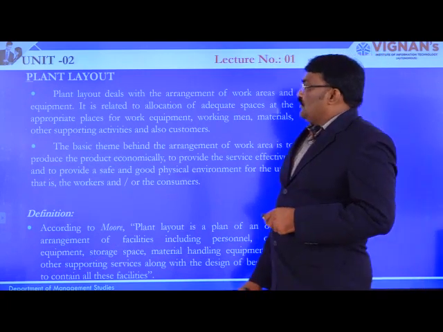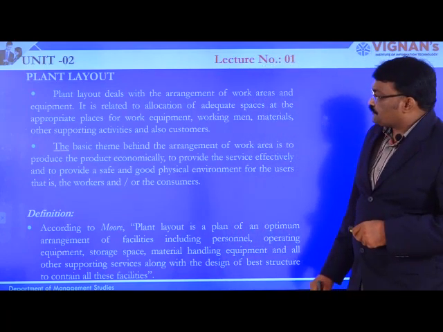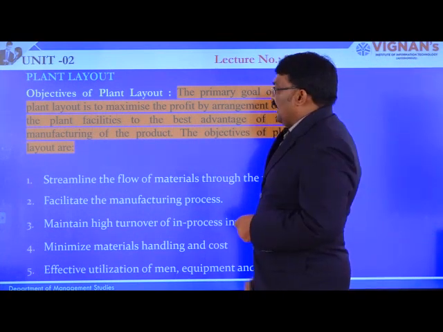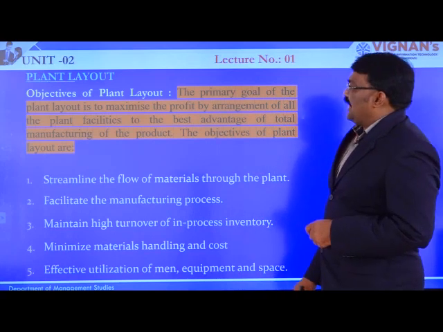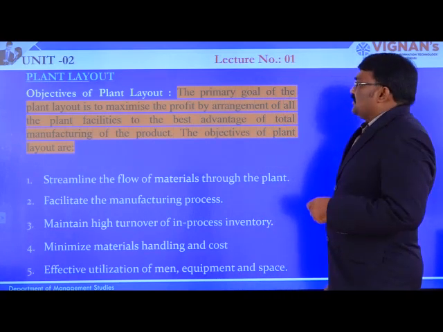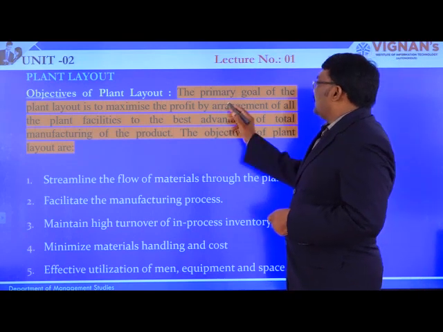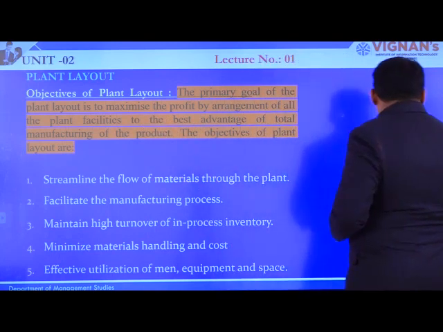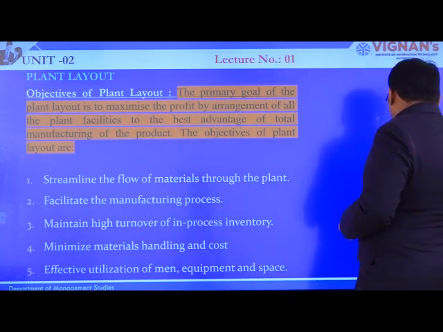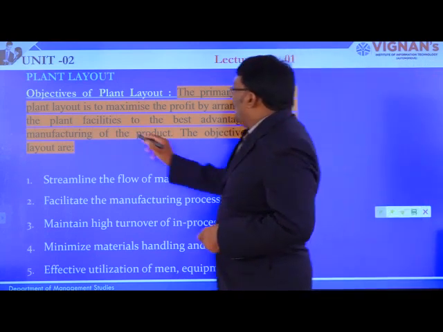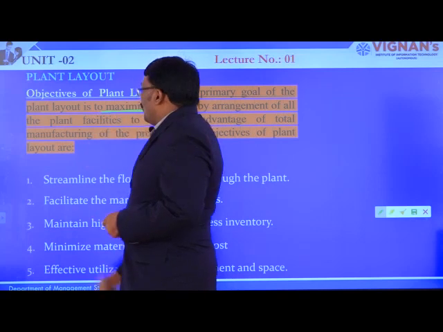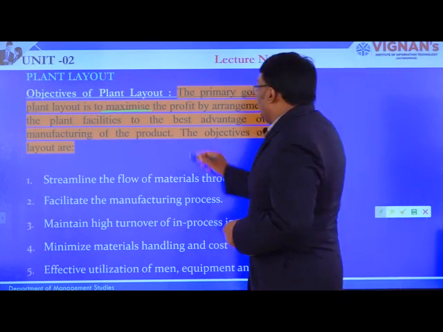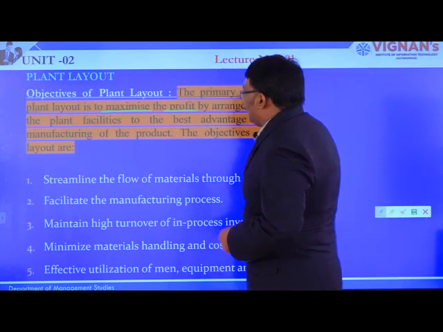All right. Now, we will go to the next one in depth. It is the objectives of the plant layout. Under the objectives, you can see that the primary goal of the plant layout is to maximize the profit. How?